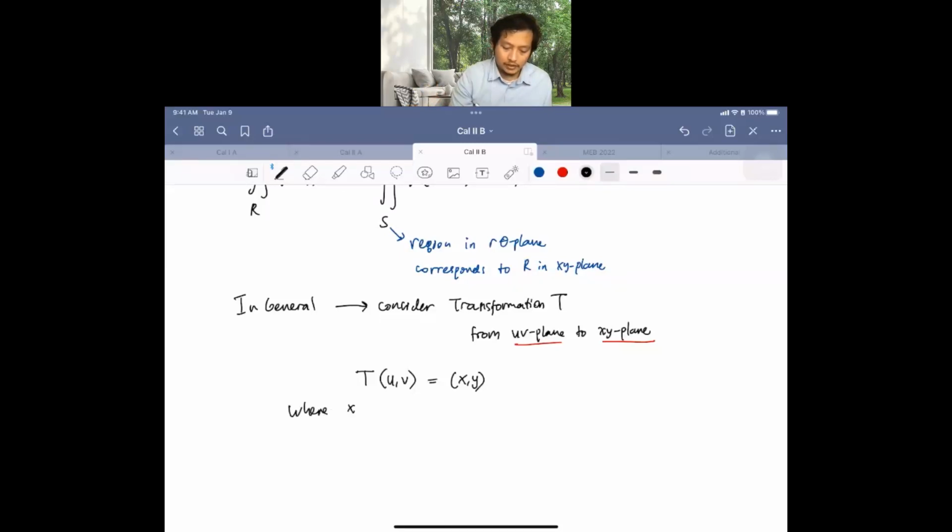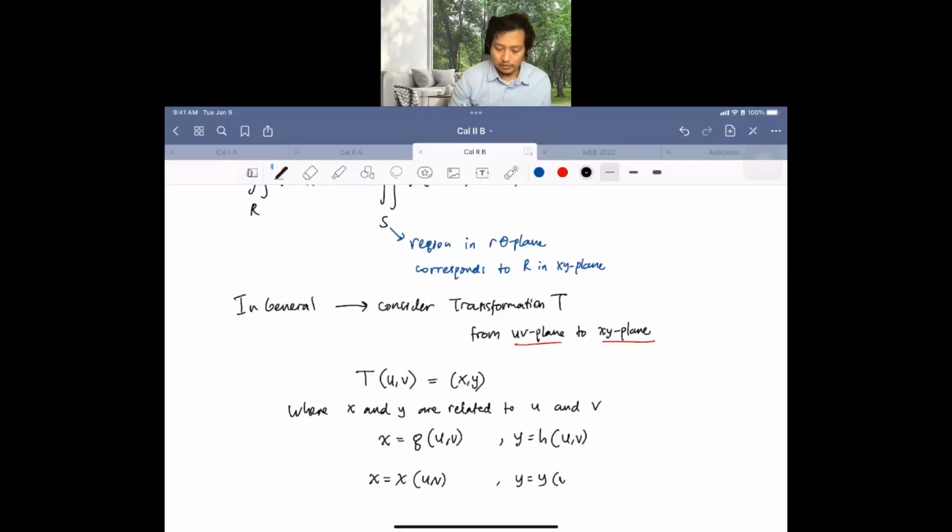Where X and Y are related to U and V, and the relations are that X is a function of two variables, UV, and Y is also a function of two variables of UV. Or we can also sometimes write X of UV, or Y of UV like this. Both are correct. It's okay to write both equations like this.